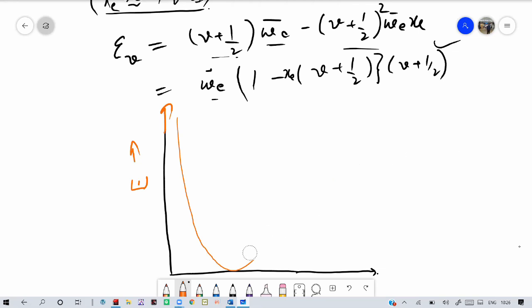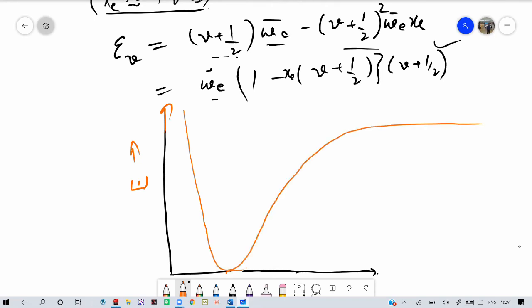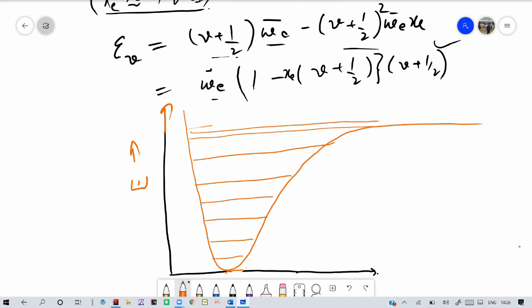I will try to redraw it. Yeah, somehow it is better. These are the harmonics. Remember that this is the harmonic case. Then you go into anharmonic here. These are closely spaced from here.